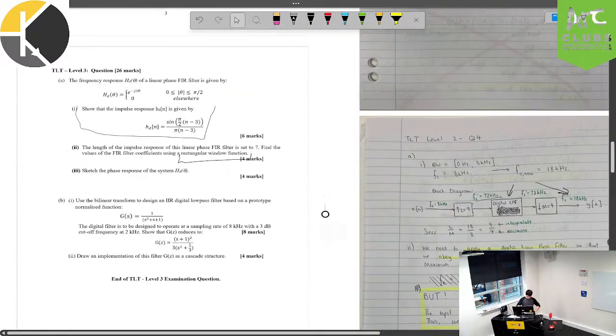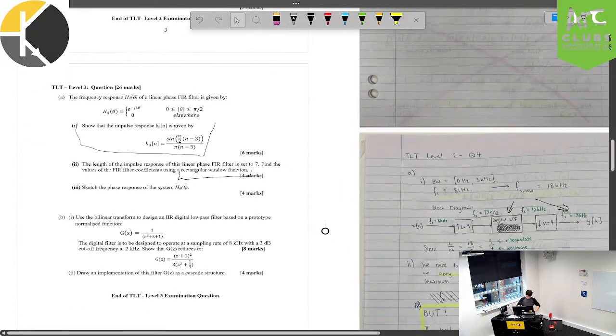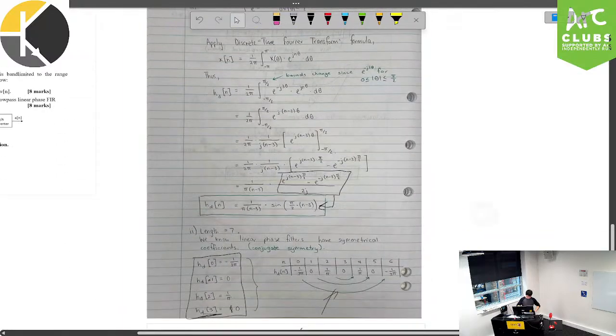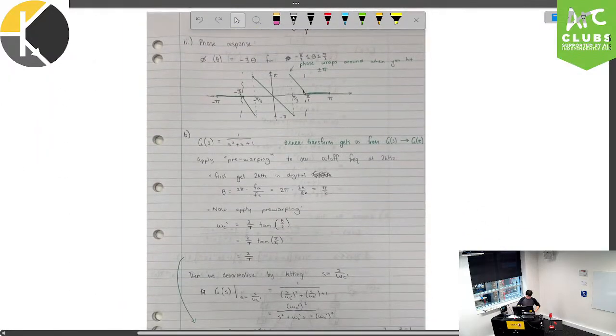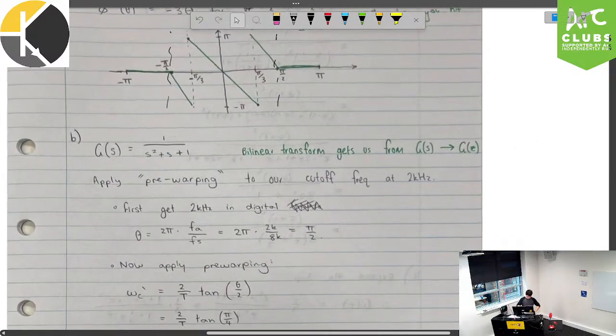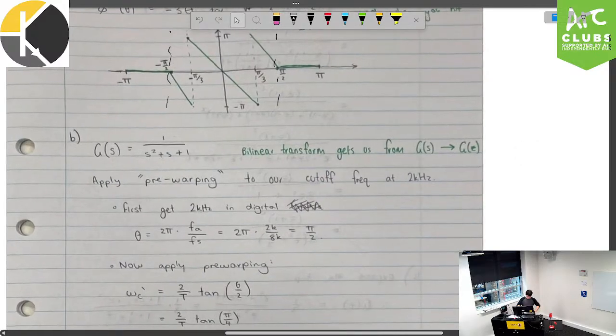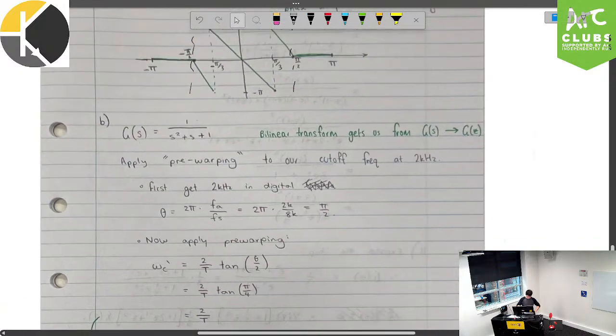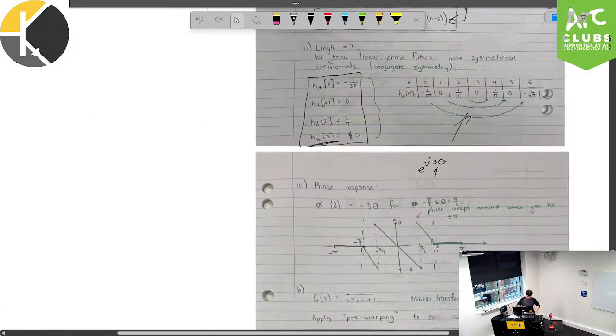We apply the transformation, and then what we're going to do is draw an implementation as a cascaded structure. Okay, so here we are. We are going to be performing the transformation. We recognize that we want, what type of thing did we want?